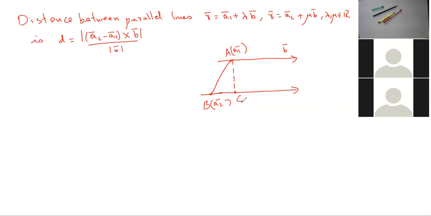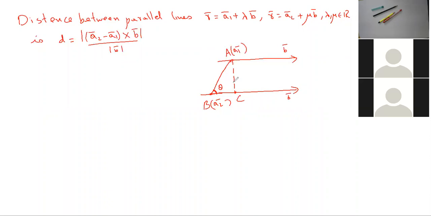You want AC. In the previous case, we took cos theta because we wanted the adjacent side. Adjacent side is the distance in the projection of vector formula. But here we'll take the angle between A2 minus A1 and B bar as theta.